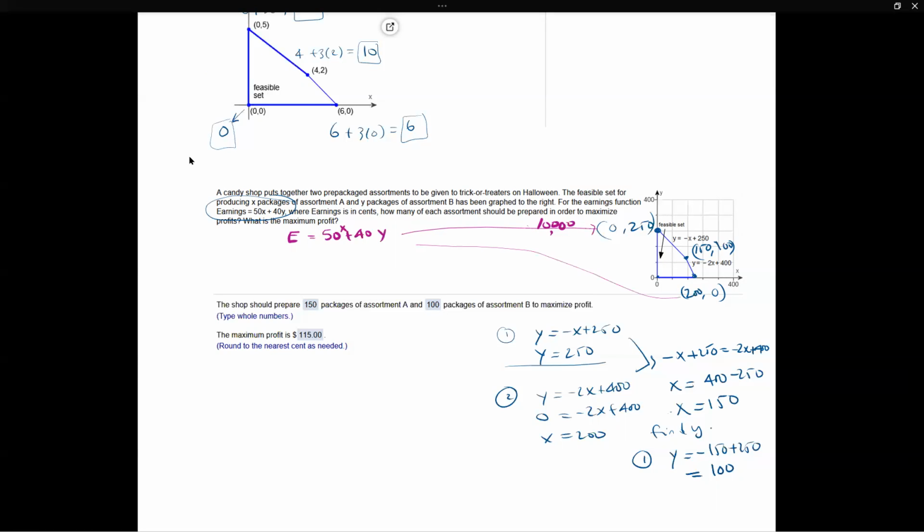For this one, it's 50 times 200, which is also 10,000. And the next one will be 50 times 150 plus 40 times 100, which is 11,500. That looks like the winner for maximizing.